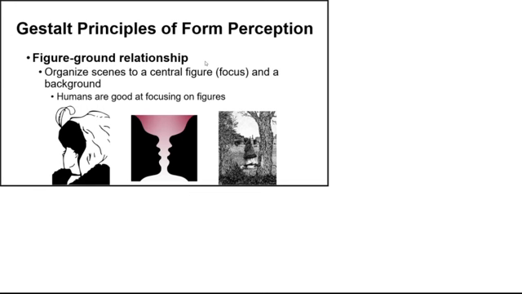But again, if we have ambiguous setups, we can run into issues. And so these here are some optical illusions that mess with our ability to categorize what is the figure and what is the background. So in the middle, is it a chalice on a black background, or is it two silhouetted faces on a pink background? And because there isn't a right answer, we're going to flip between those two possible solutions.